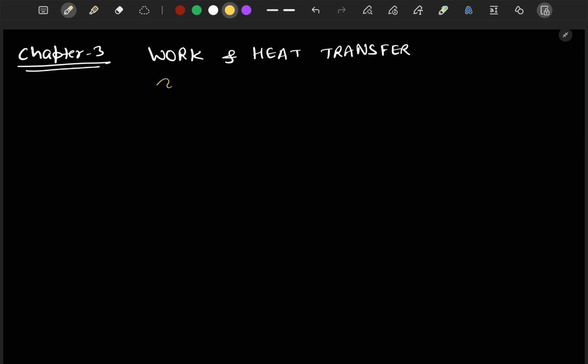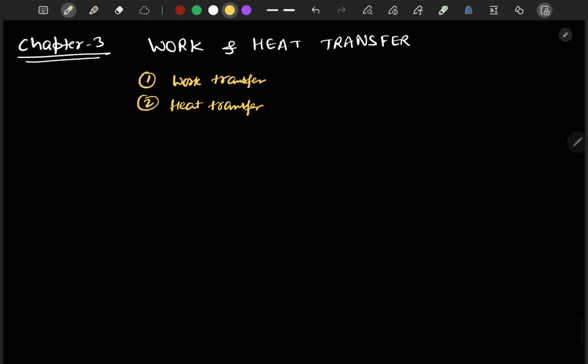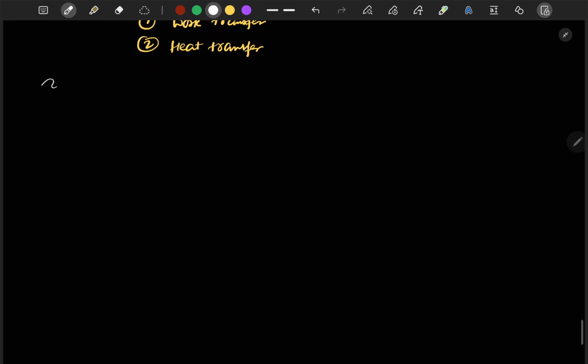Okay, the first way is work transfer. The second is heat transfer, and we will study both these topics in this chapter. Okay, so first let's start with the work transfer.